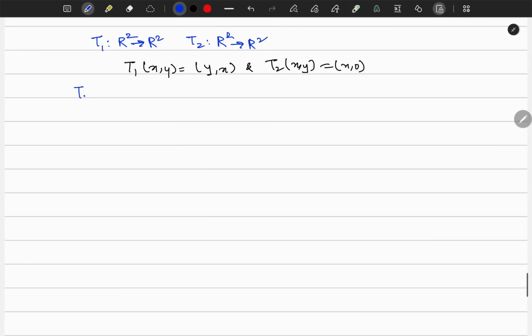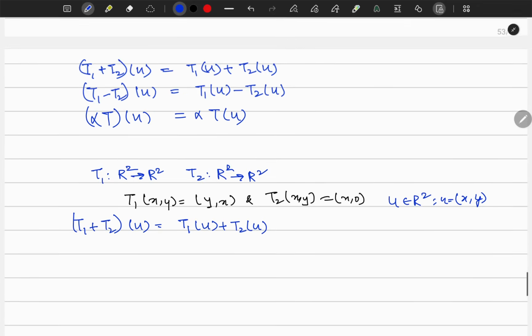So for example, if you have to do T1 plus T2 on any vector U, U is a vector in R2, which means that U has coordinates x comma y. If T1 and T2 are linear transformations, it will be equal to T1 of U plus T2 of U, as I told.